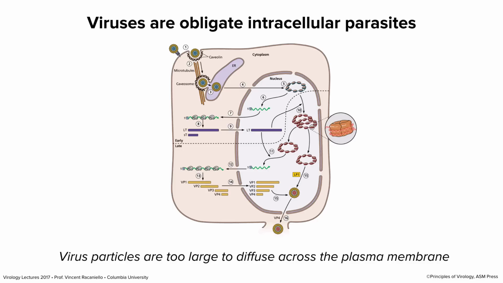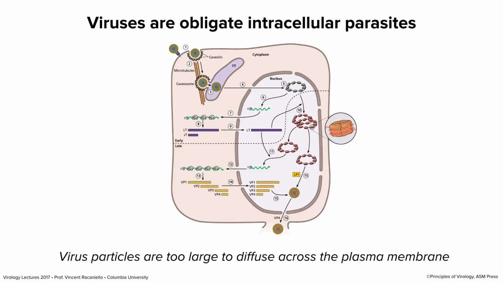Now remember, viruses are obligate intracellular parasites. They have to get inside of a cell in order to replicate. Sitting on the outside is not good enough. They have to get their nucleic acid in the cytoplasm or in the nucleus and replicate. And here's an infectious cycle just to remind you, we have viruses getting into cells and doing all sorts of molecular activities that we'll talk about in this course.